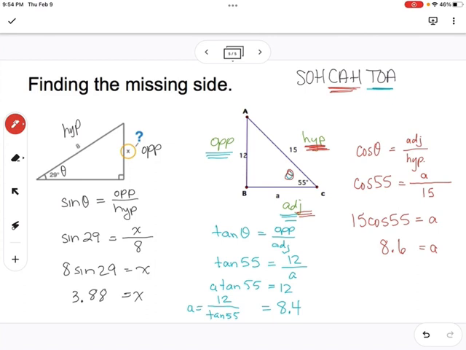Okay, so we're slightly off by a couple decimal points, but we see that we're around the same length there for our adjacent side.